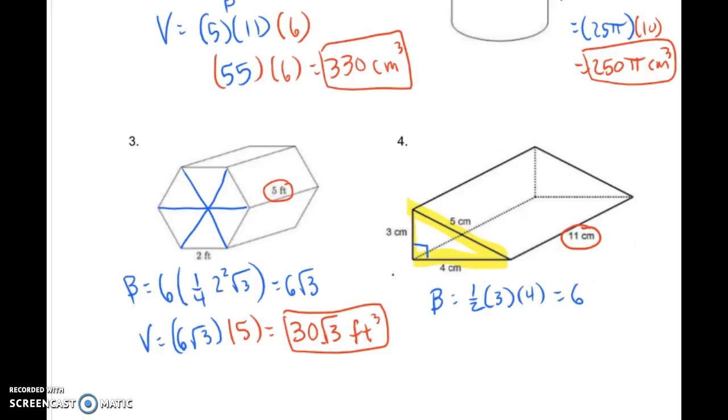So our volume then would be 6 times 11, which gives us 66 cubic centimeters. Okay, and that's how we deal with volume of prisms and cylinders, is we want to find the area of one base and multiply it by the height, which again is the segment that connects the two bases. And it's just an accumulation of area.